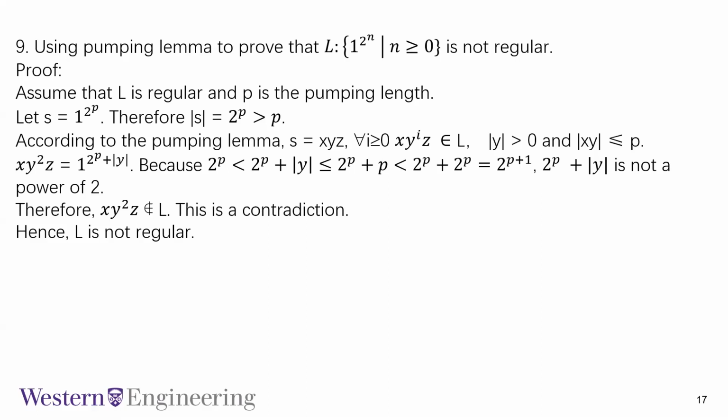And because 2 to the P is less than 2 to the P plus |Y|, which is less than or equal to 2 to the P plus P, which is less than 2 to the P plus 2 to the P equals 2 to the P plus 1, so 2 to the P plus |Y| is not a power of 2.